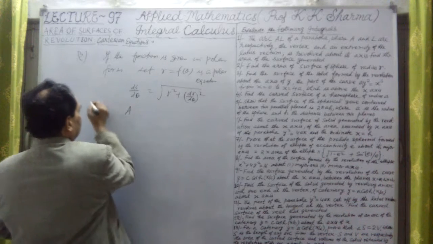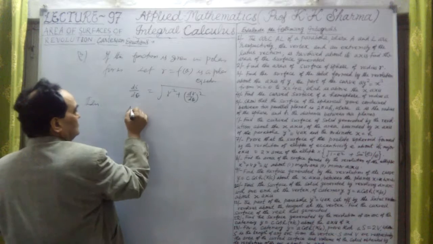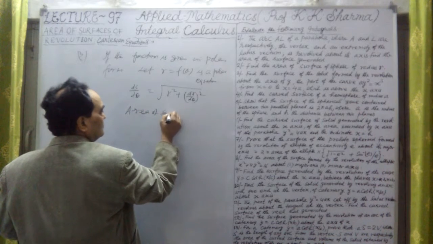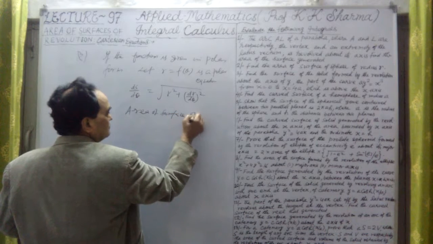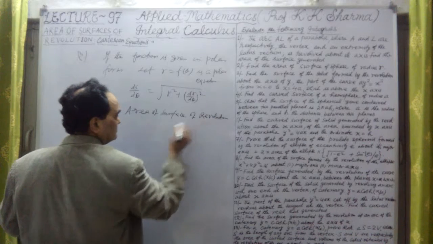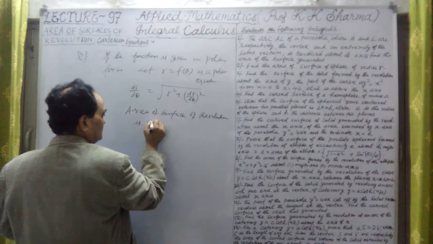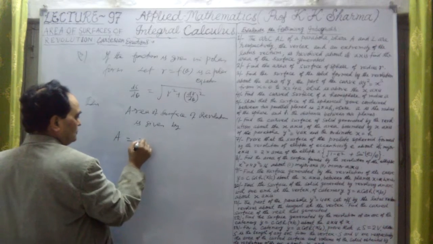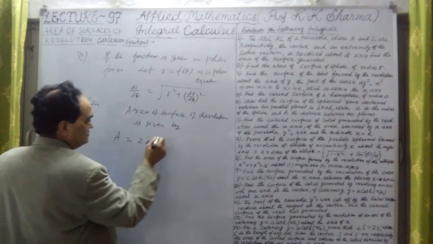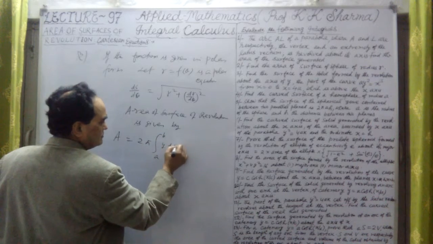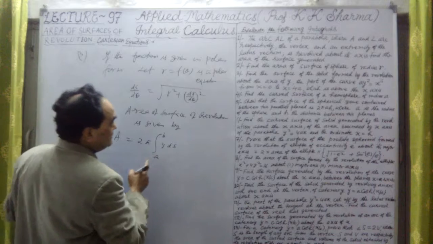Then the area of surface of revolution in this case is given by A equal to, again, 2 pi. We will write the limits here a to b. Let me first write the basic formula, which is y into ds.